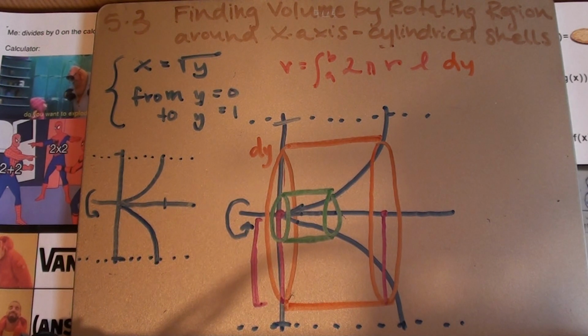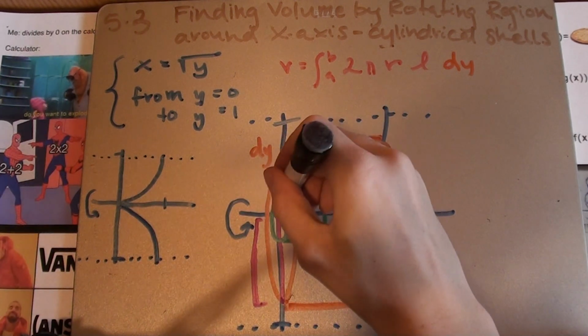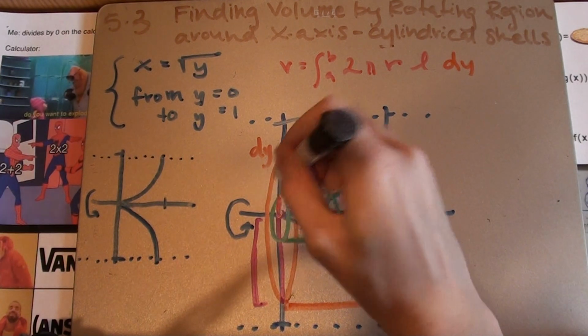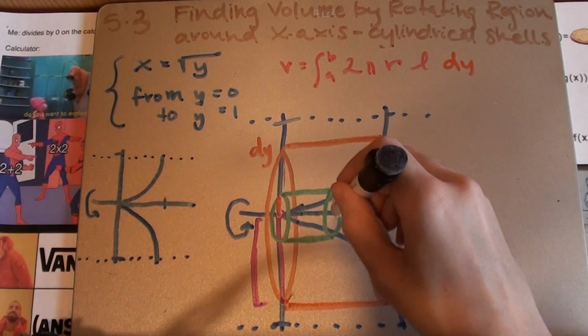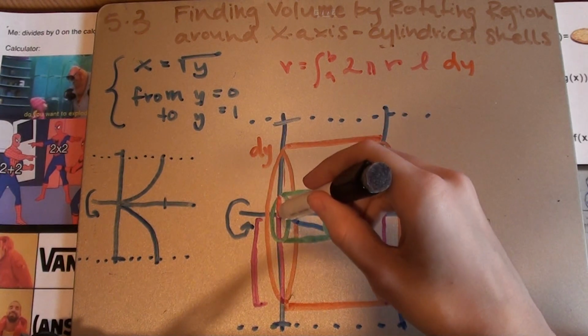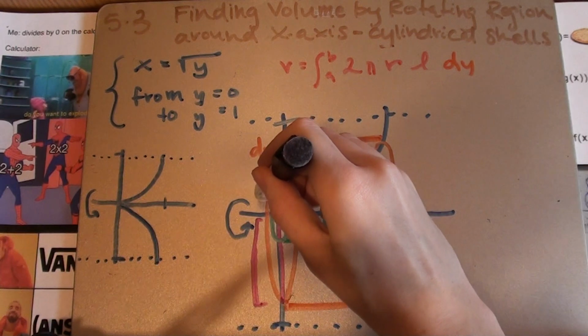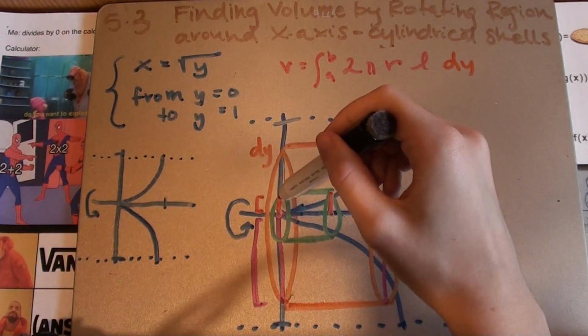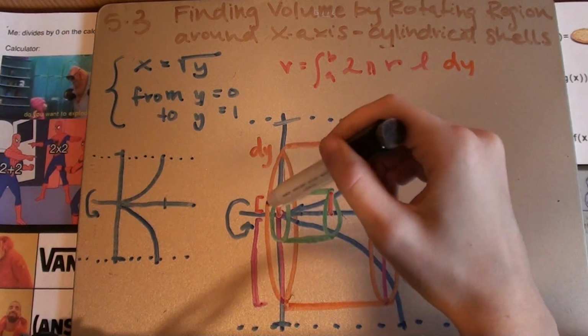So now our radius, we're going from, let me use red, from our axis out to here. Same thing up here. We're starting from our axis and going out to where our function is. So our radius, we can see, changes length throughout our function, right?